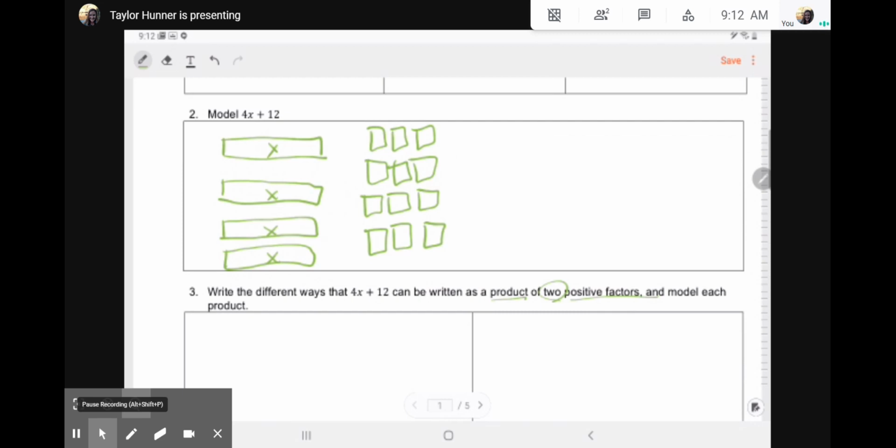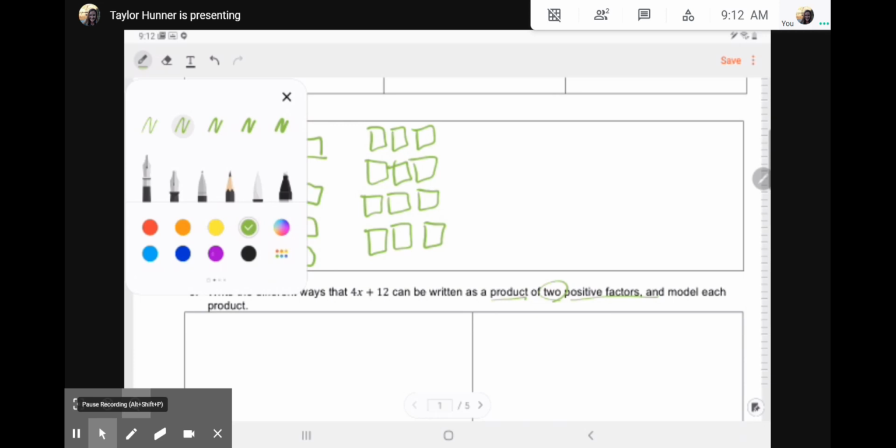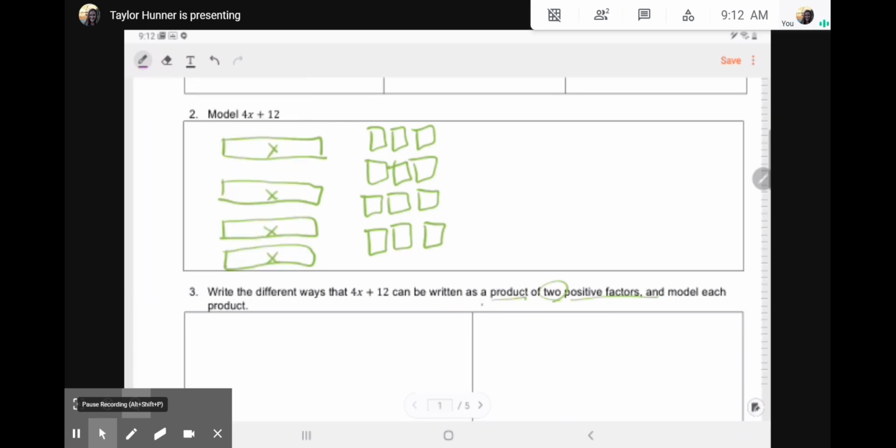I have to think about what can actually go into 4x and can go into 12. So I think of the numbers 4 and 2. I know that 2 can go into both of those. But if I have 2, then that means I have 2 x's, and that means I also have to have 2 groups of 6.